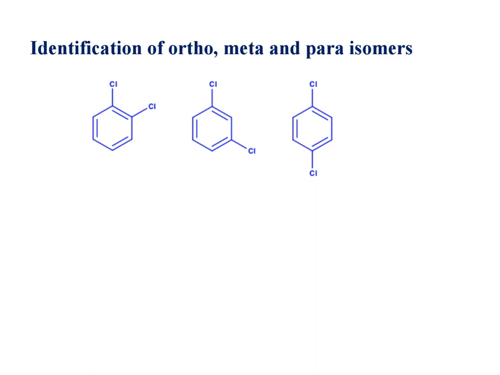One is ortho, another is meta, another is para. This is ortho, this is meta, and this is para. Experimentally it is found that the dipole moment of the ortho isomer is 2.6 D, meta is 1.5 D, and the para isomer's dipole moment is 0.